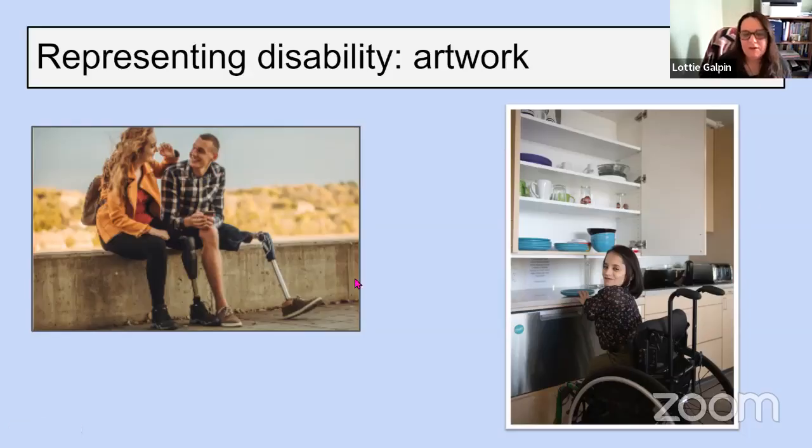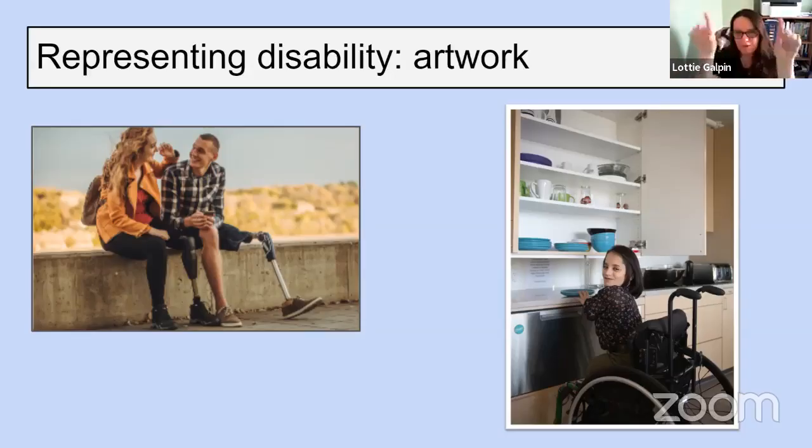And these images I'll provide a list of links for photo banks that represent disability at the end, but these are from specific non-traditional photo banks, and images like this are quite overt in their focus on disability. We can see a wheelchair user, we can see their prosthetic quite clearly, but these would work really nicely anywhere in a textbook.